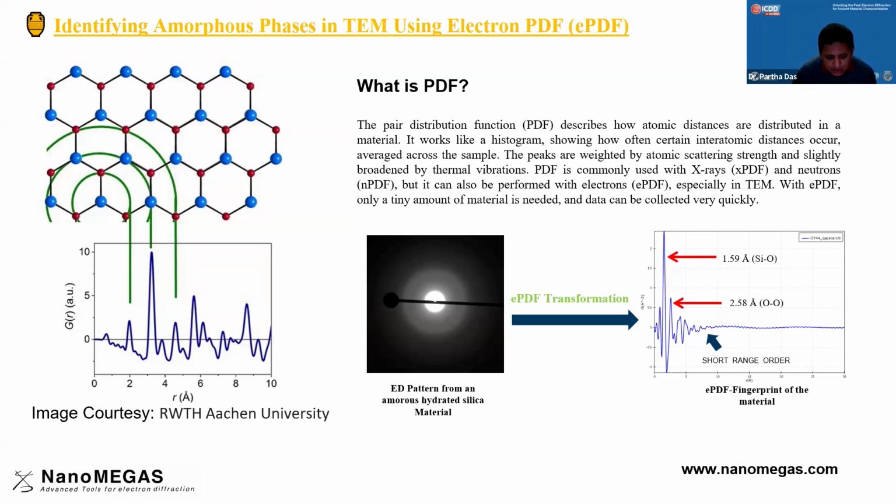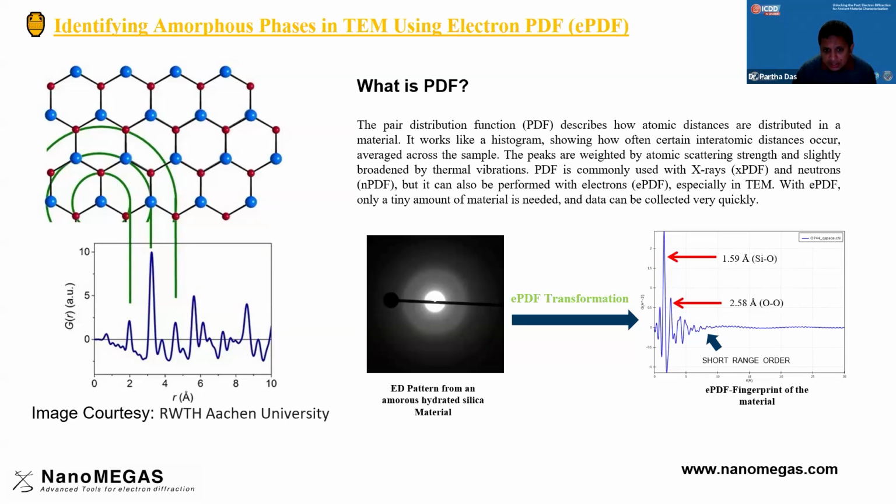The pair distribution function is used extensively in X-ray and neutron diffraction, and in simple terms it gives information on atomic pair distances and local structure. There is a lot of work with X-rays, but as far as I know, no work has been done using electron PDF on ancient materials. There is work in general in materials science with electron diffraction PDF, so according to my knowledge, this is the first example.